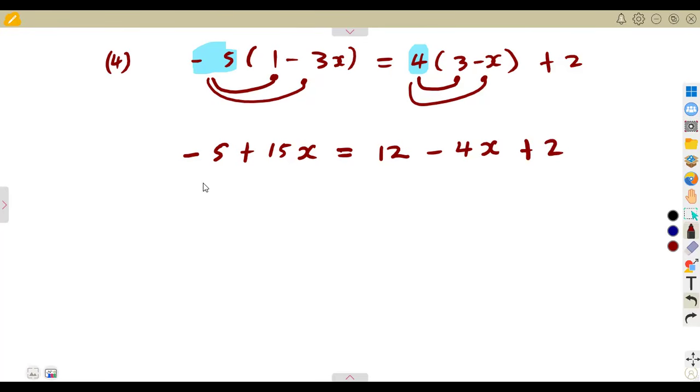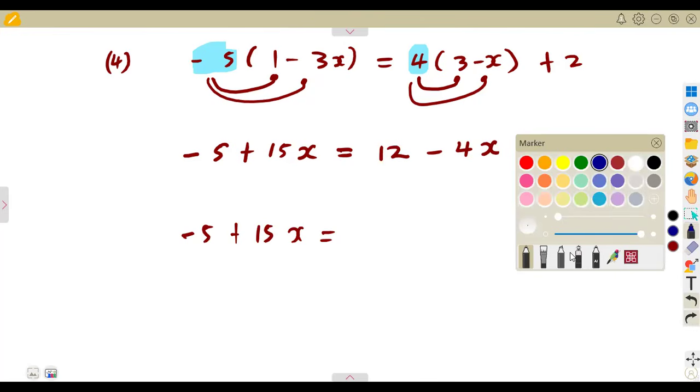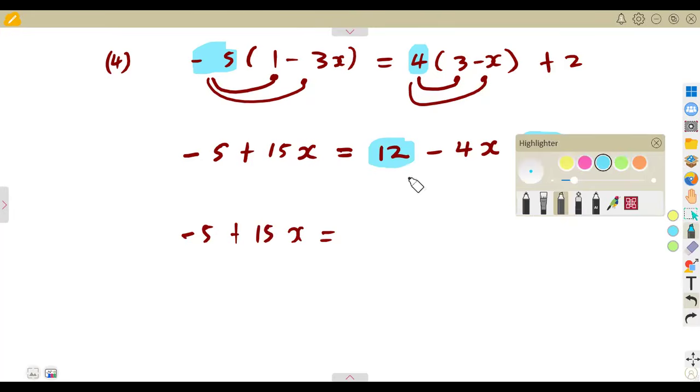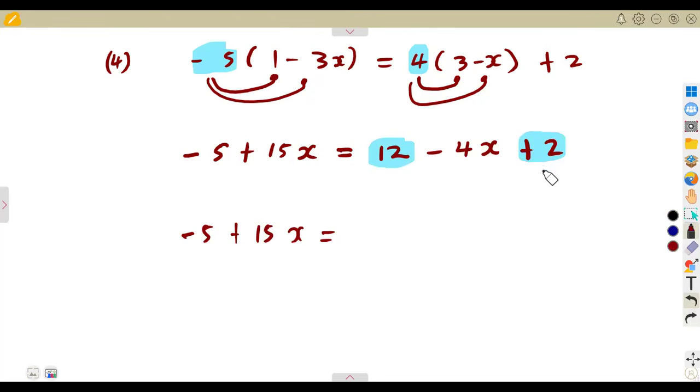So -5 plus 15x is equal to, let's simplify the right-hand side. There is a 12 and there's also a +2. These are constants, so they can be combined. 12 plus 2 is 14. So we've got 14 minus 4x.